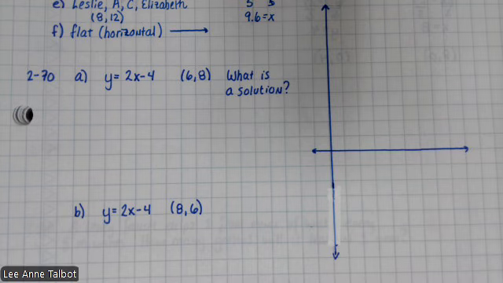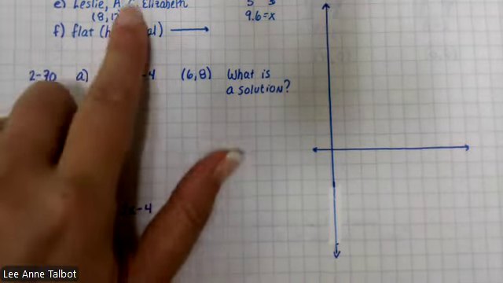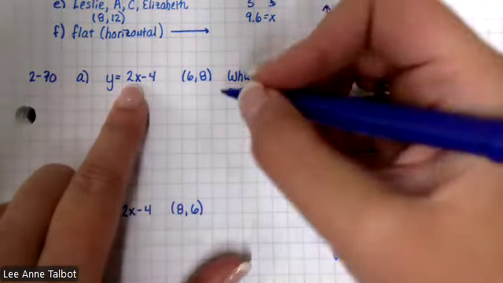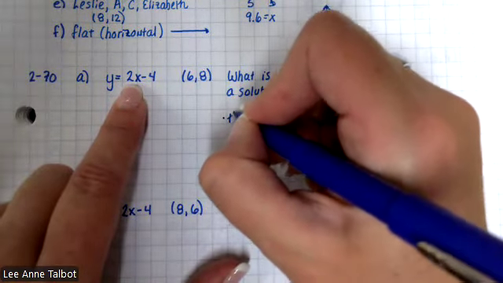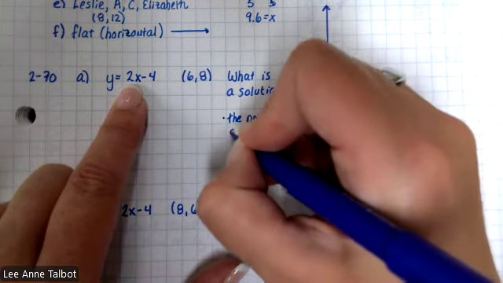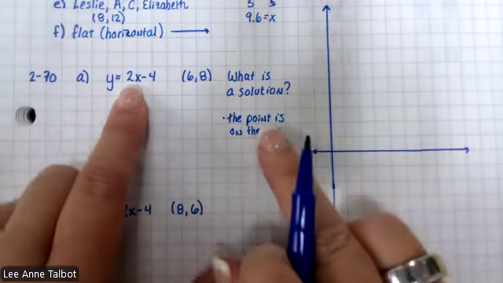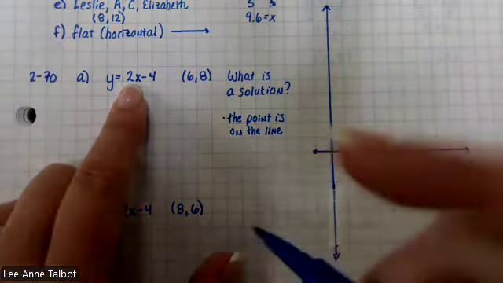Okay, number 70, last question of the day. What does it mean to be a solution of an equation like a line? And there's 2 things. The point is on the line. That's the way to tell graphically if it's a solution.